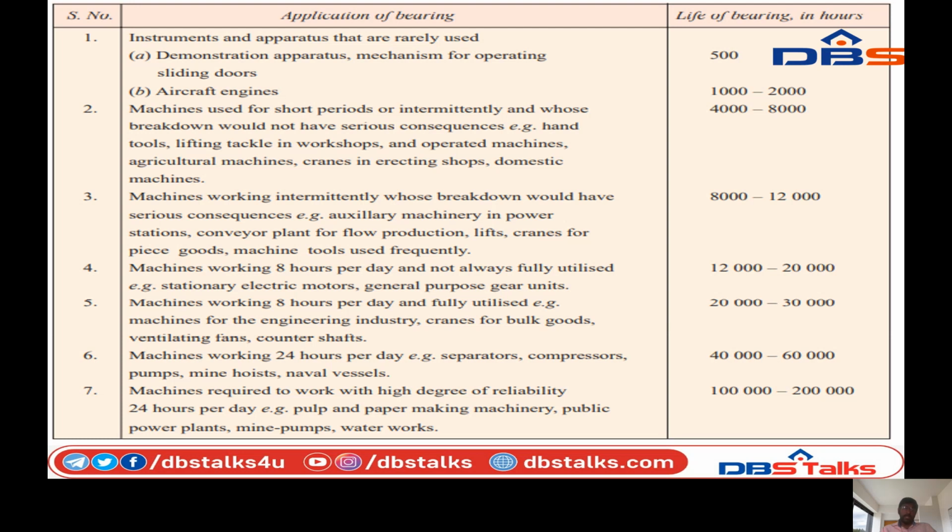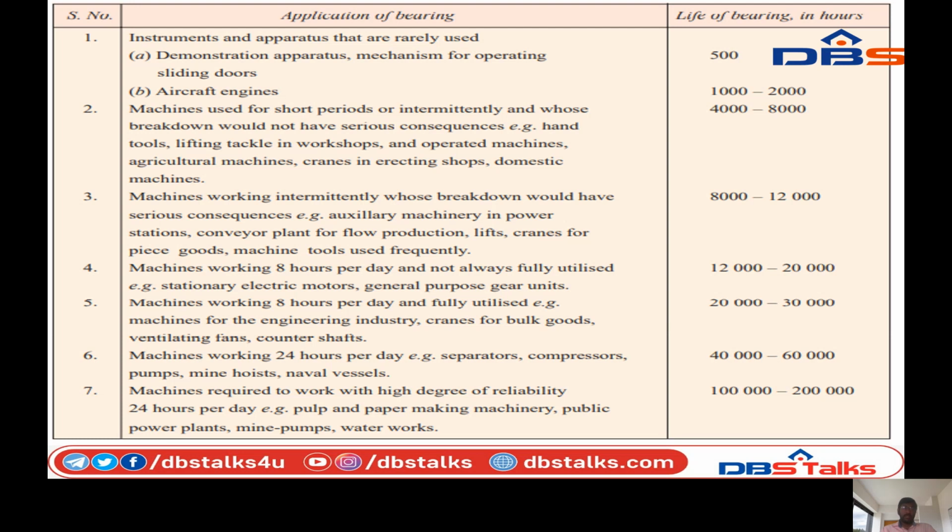Examples: machines for the engineering industry, cranes for bulk goods, ventilation fans, countershafts. The bearing life is 20,000 to 30,000 hours.